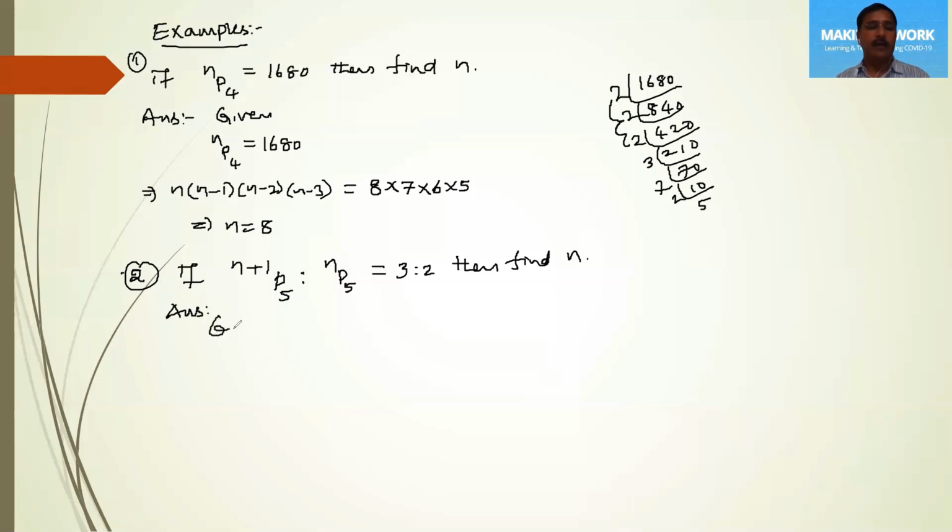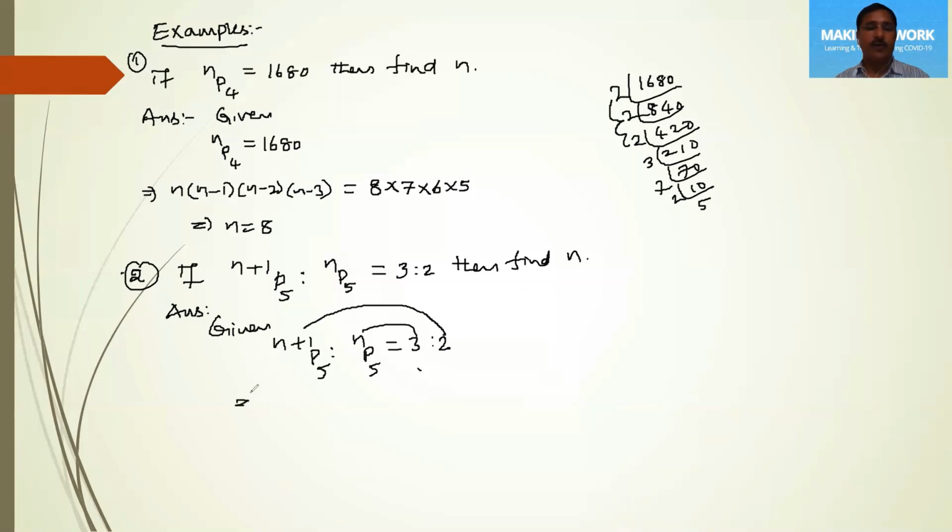What is given? n plus 1 P5 to nP5 is equal to 3:2. From the ratio and proportion concepts, here we can take the product of means is equal to the product of extremes.